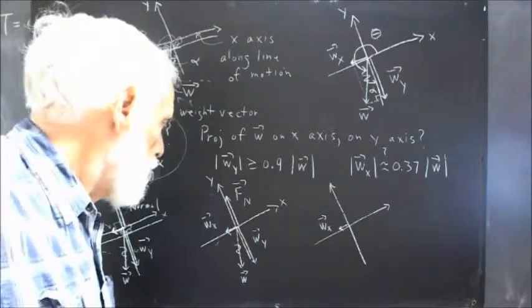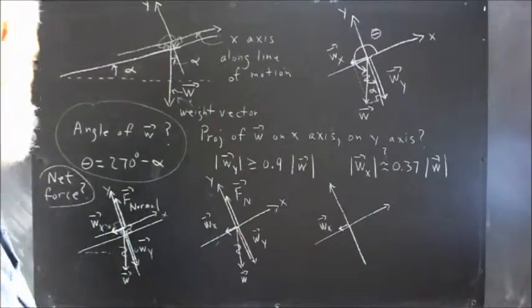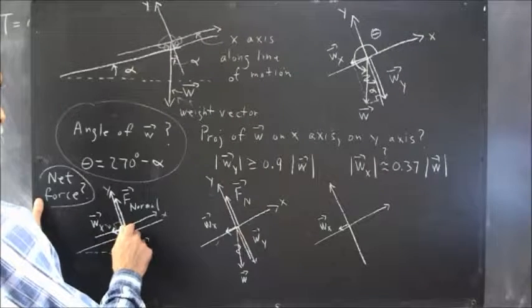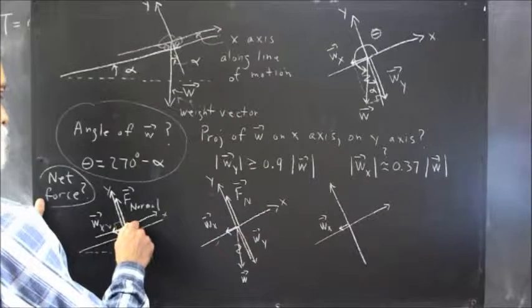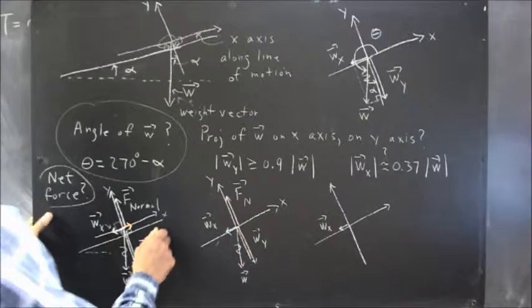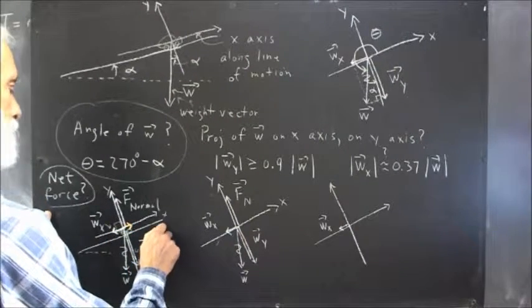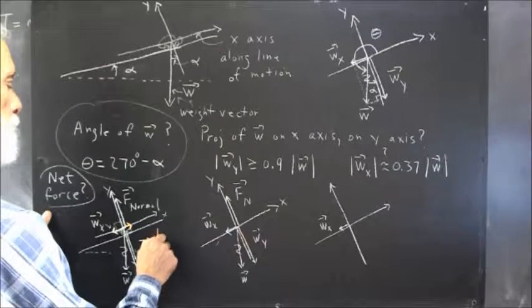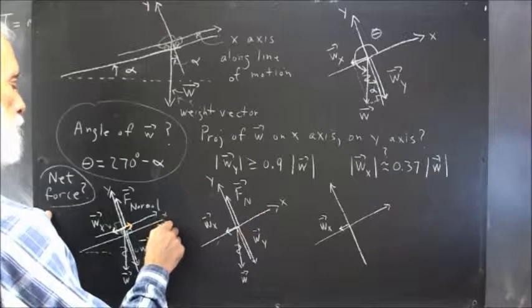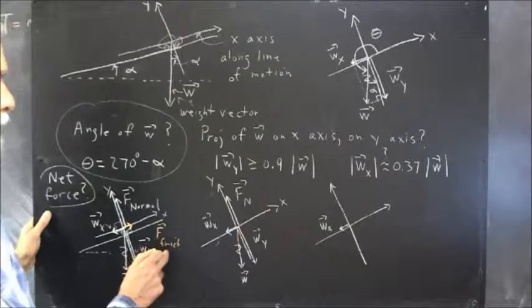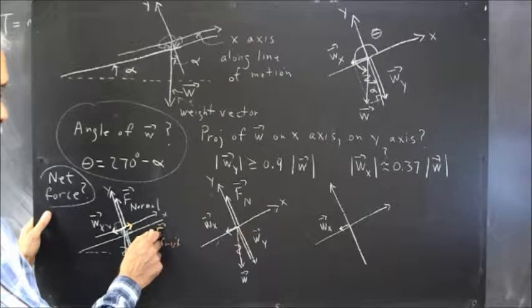However, as we can easily see from the situations that we've set up, there is going to be some sort of a frictional force. I'm using a slightly different color of chalk here so that you might be able to see it. That's going to be the force of friction. A lot of times that's indicated by lowercase f, but I'm going to indicate it by a capital F with the FRICT abbreviation of friction.